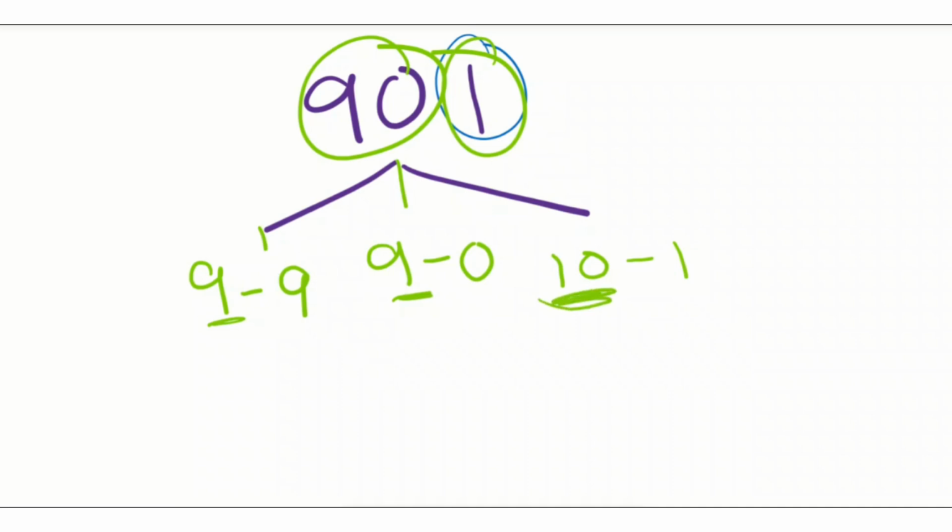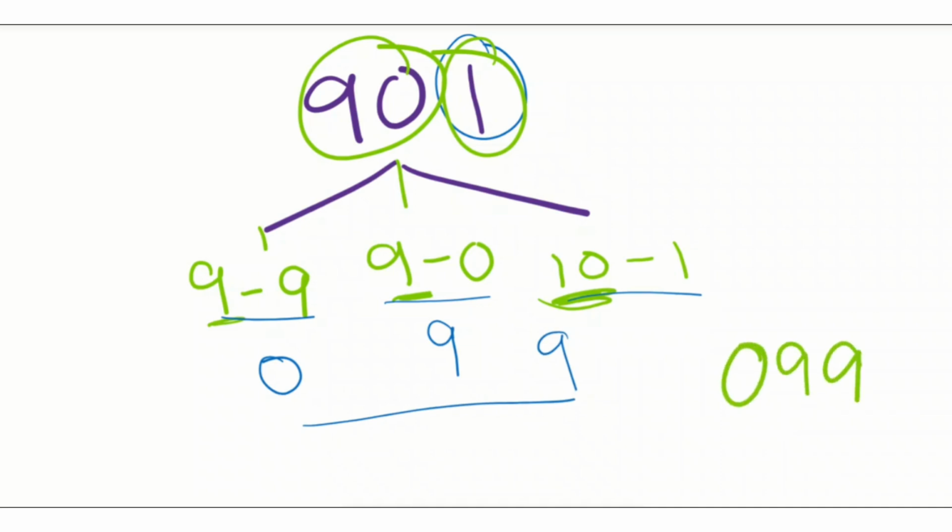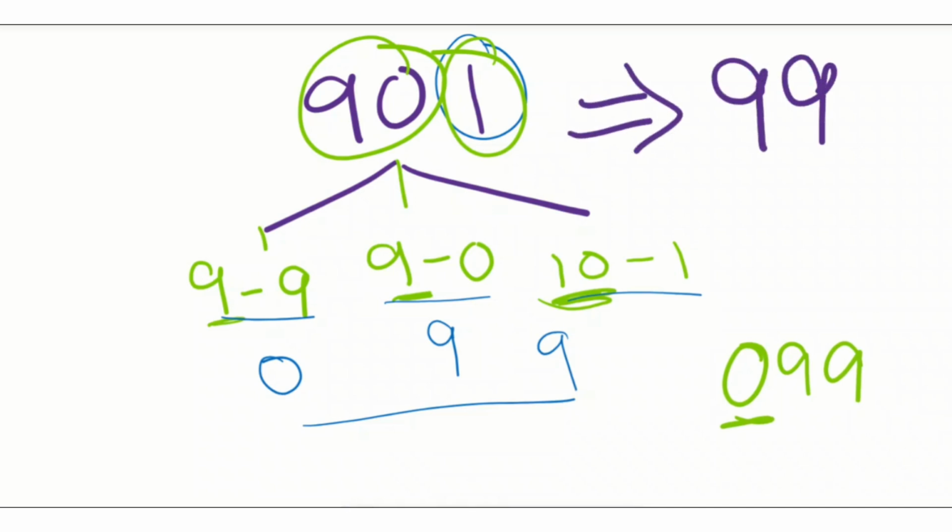Finding the values of these expressions, you get 9 minus 9, 0, 9 minus 0, 9, and 10 minus 1, again 9. Placing these together, you get 099, and the 0 over here has no value, so it's simply going to become 99. Therefore, the Nikhilam of 901 is 99.